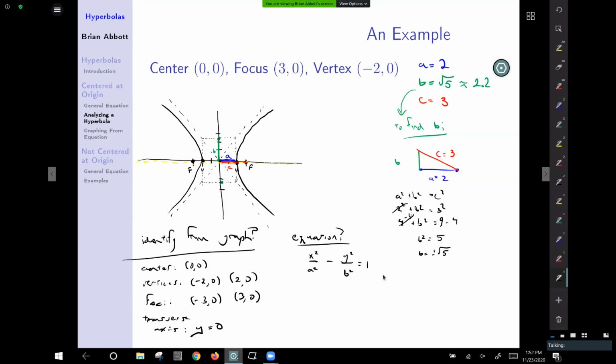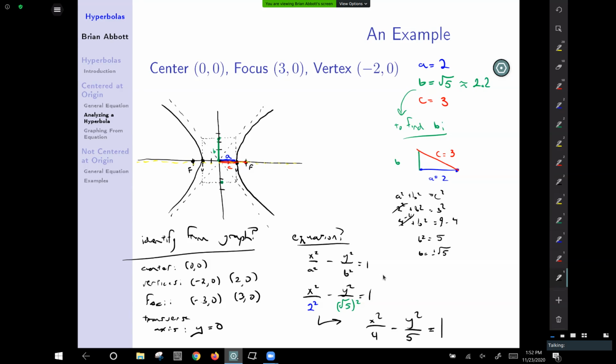And we know all these values for a and b, so substituting those in, x squared over 2 squared minus y squared over root 5 quantity squared equals 1 gives us the general equation for this particular hyperbola: x squared over 4 minus y squared over 5 equals 1. And that's not so bad either.